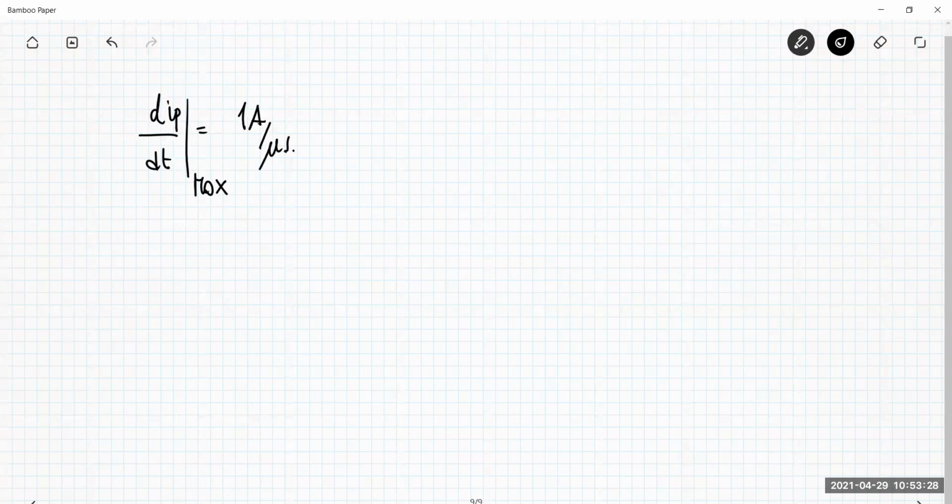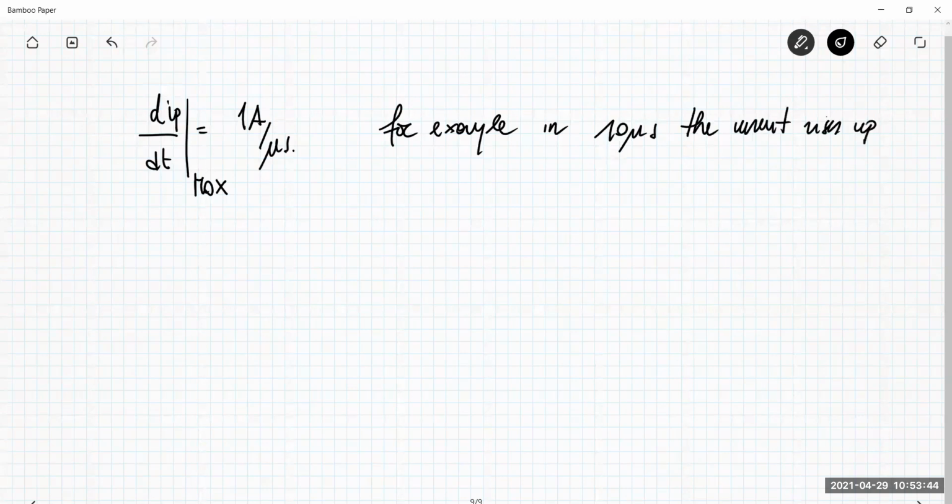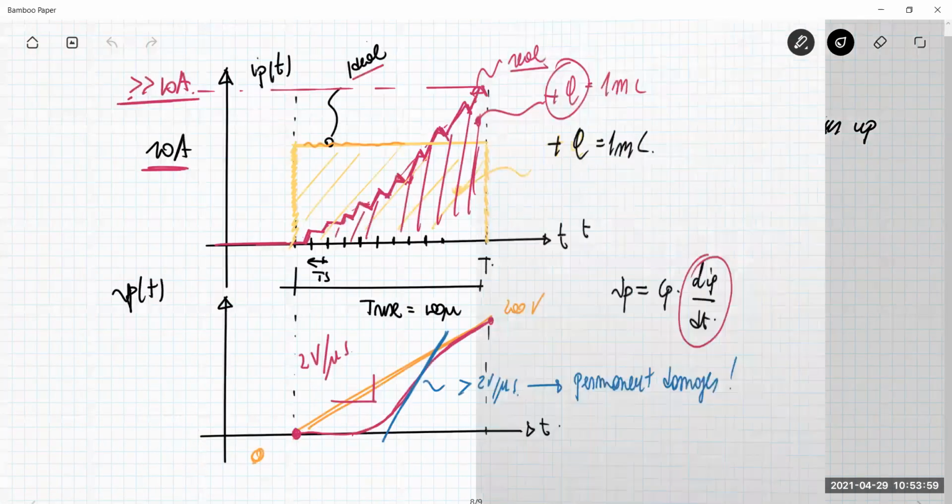It means that in 10 microseconds the current rises up to 10 amp with that specific slope. And 10 amp is exactly the current I'd like to have as a maximum current flowing to the load.